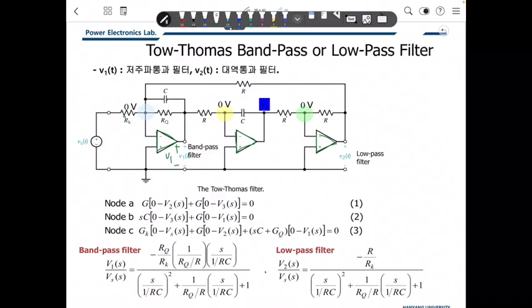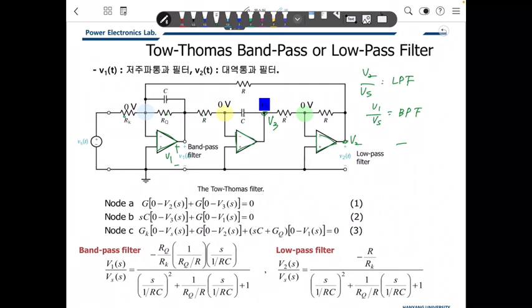Define this as V1. You can drive this as V1, and this point is V3, and this is V2. Then if we drive Vs over V2, this is a low pass filter, and Vs over V1 is a band pass filter.